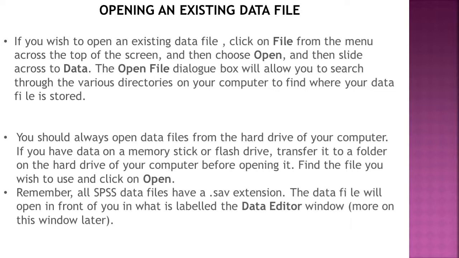Remember, all SPSS data files have a .sav extension. The data file will open in front of you in what is labeled the Data Editor window. More on this window later. I'll explain it later in this lecture.